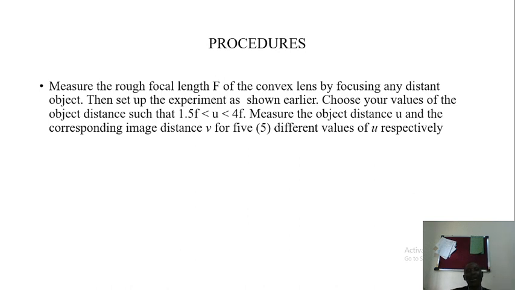Because we are required to have 5 different points, since our 1.5f here is 15, it means that my first u can be 16, can be 18, it can be 19.